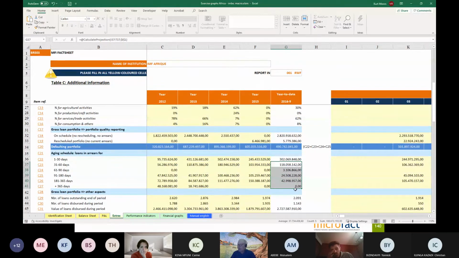It's 188 million. Imagine that I say I want to have loan loss reserves available for a 100% coverage of this amount. Do I have 188 million in my small barrel?